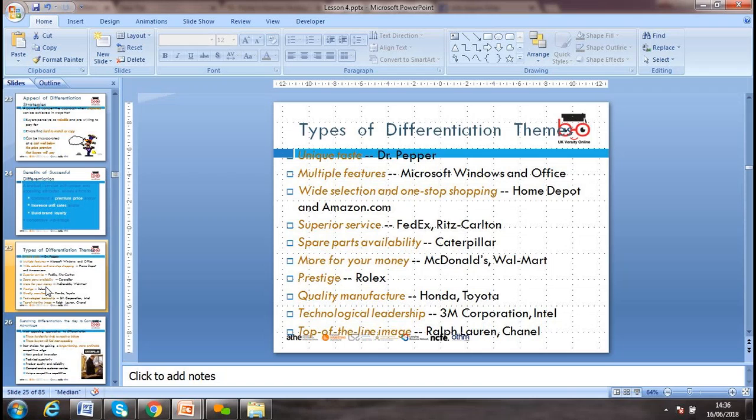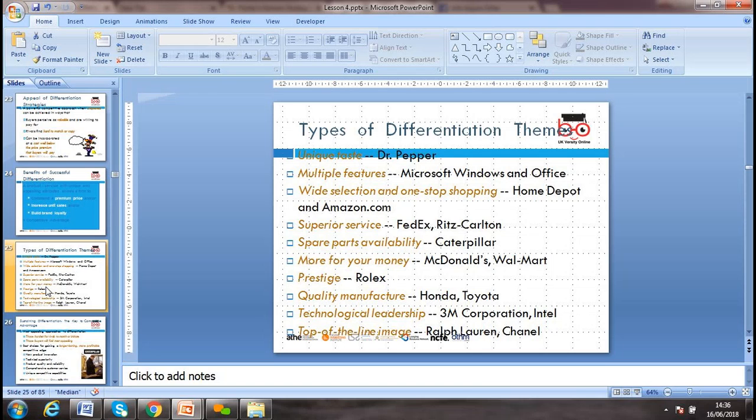Superior service, FedEx and the Ritz-Carlton hotel. And spare parts availability, Caterpillar, the company making big dumpers and things, used for forklifts as well.